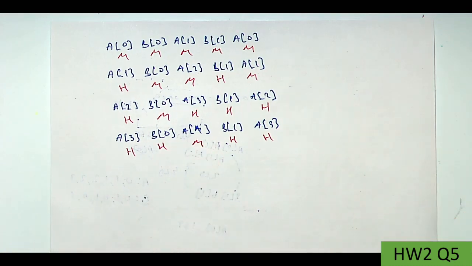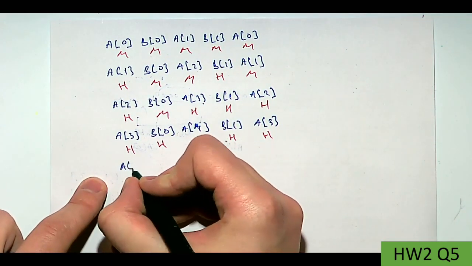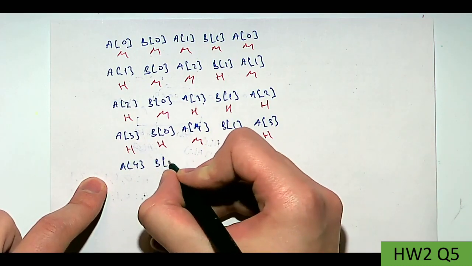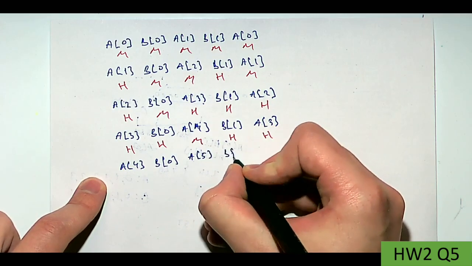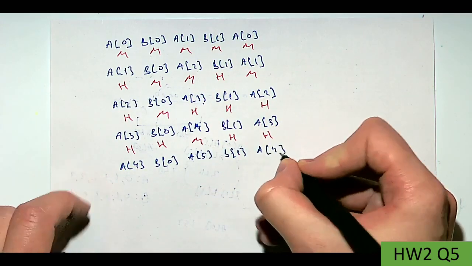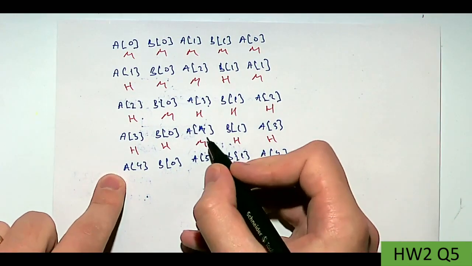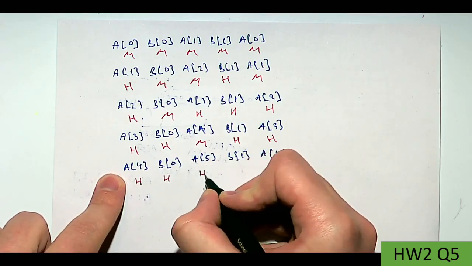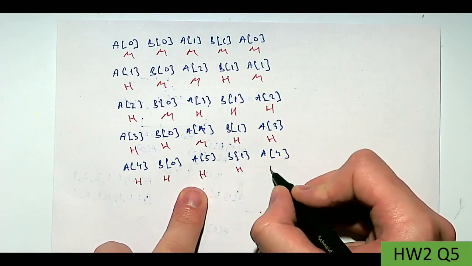So let me execute one more iteration. So here we will access A4, B0, A5, B1, and A4. We already have A4 in the cache, so this will be a hit, this will be a hit, this will be a hit because A5 came with A4, this will be a hit, and this is also a hit.